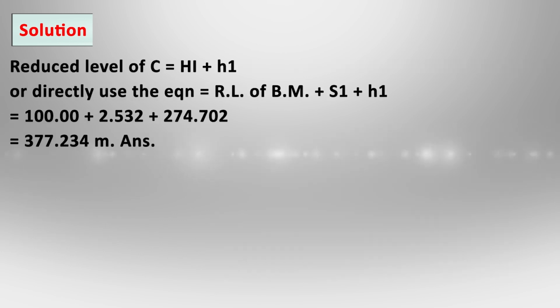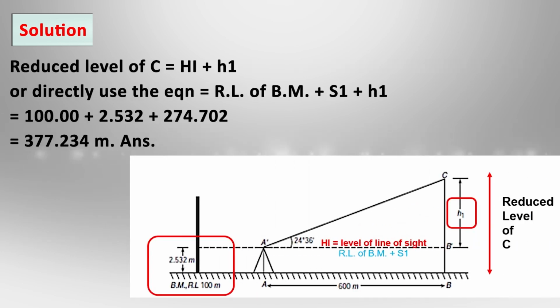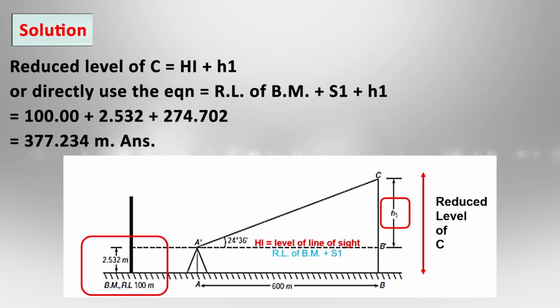So RL of point C, that is top of the pole, is equal to height of instrument, that is RL of benchmark 100 plus backside reading 2.532 plus the value of H1 that we calculated using trigonometry, 274.702. So it works out to be 377.234 meters.